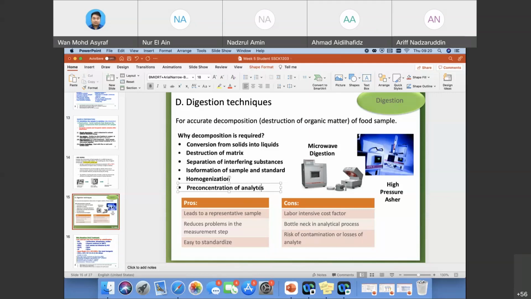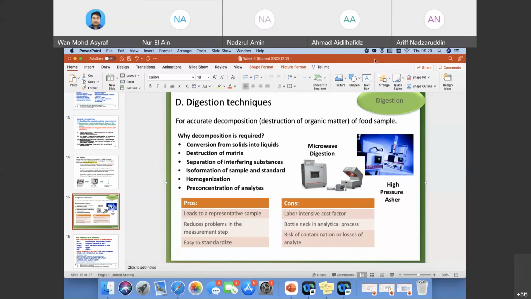And then we also want to pre-concentrate analytes. Okay, pre-concentrate, does anyone understand? What does it mean by pre-concentrate? Any idea? What does it mean by pre-concentration? We reduce the other content that we don't want beforehand. Not that accurate, but I get your idea.